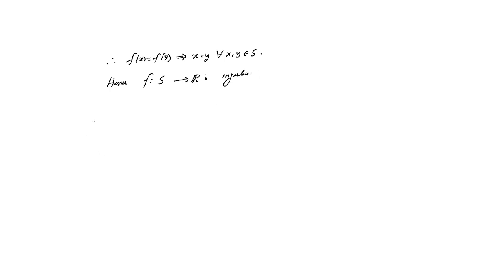Now we come to the second part, step 2. What is step 2? Here we have to show that f: S to R is basically surjective. That we have to show.